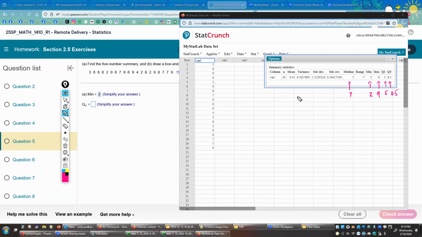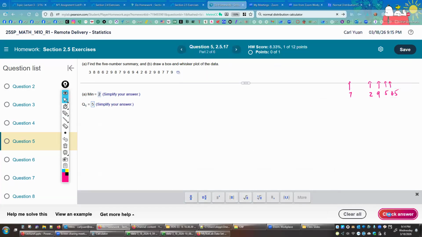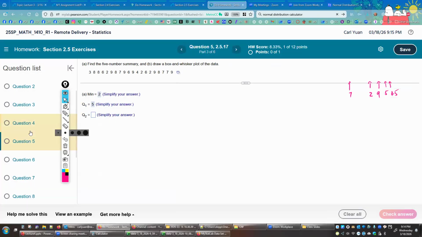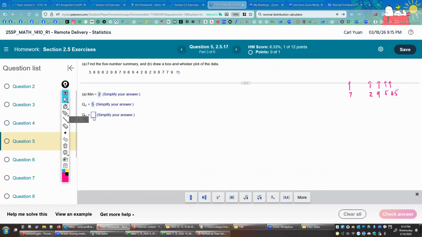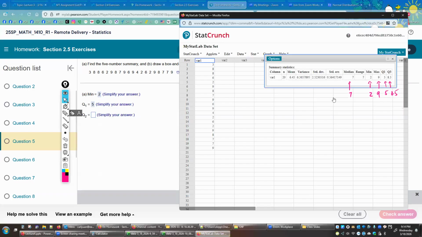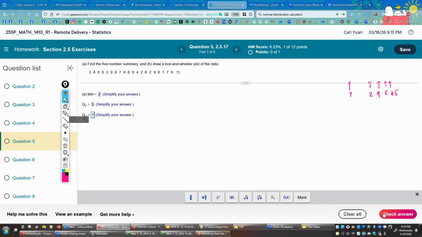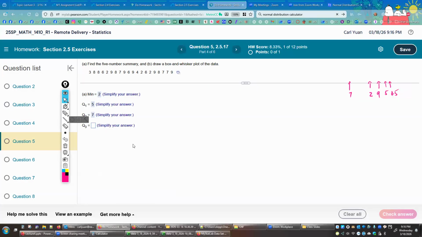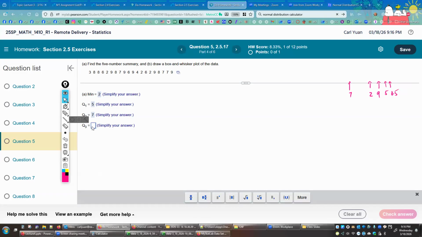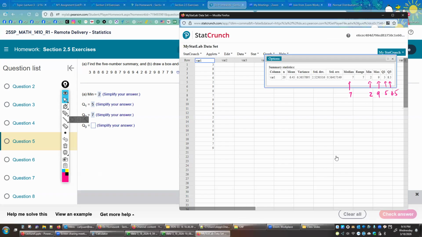So Q1 is 5. Q2, or the median, is 7. And Q3 is 8.5, I think. Let's double check. So Q3 is 8.5 at the very end.